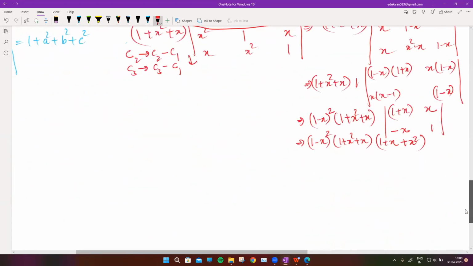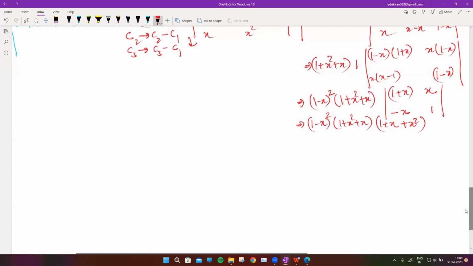But what we got is this: 1 minus x whole square, then 1 plus x square plus x into 1 plus x square plus x. So we can actually write this as 1 minus x into x square plus x plus 1 whole square, if you observe.